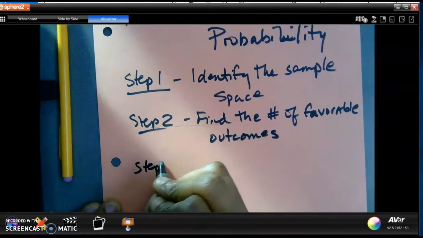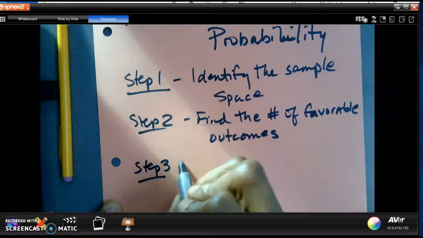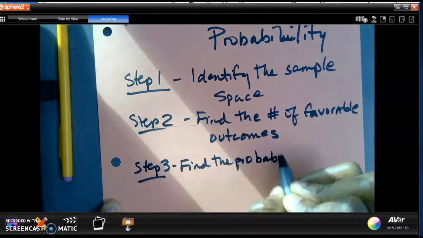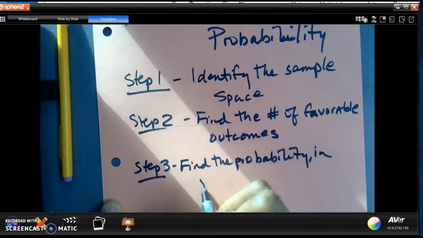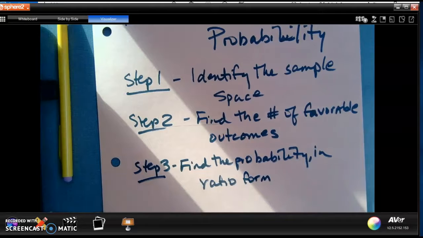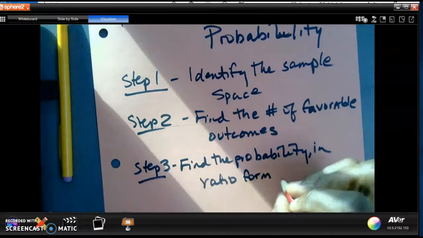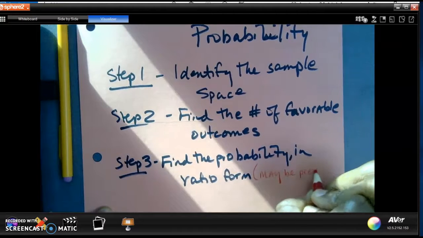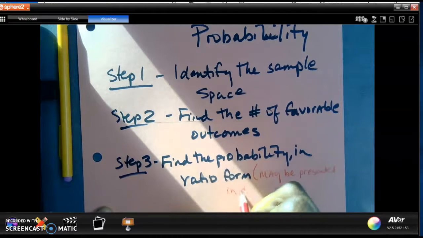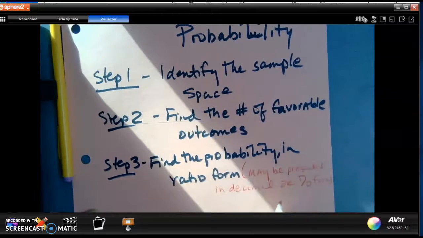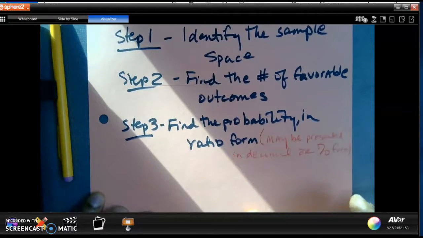And then step number 3 would be where you find the probability in ratio form. Now, the caveat, the warning that I want to give, is that this may be presented in decimal or percent form. So it may be presented as either one of those things.